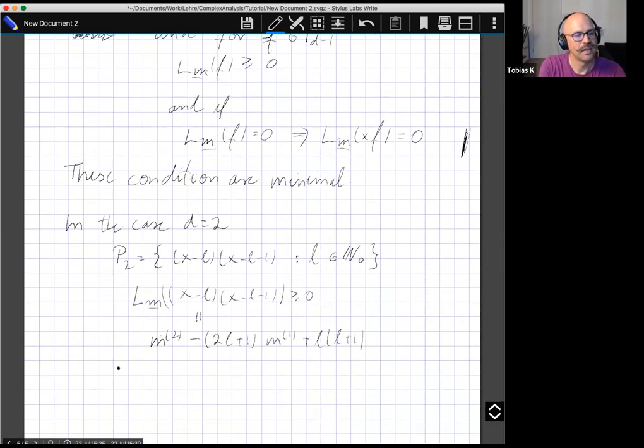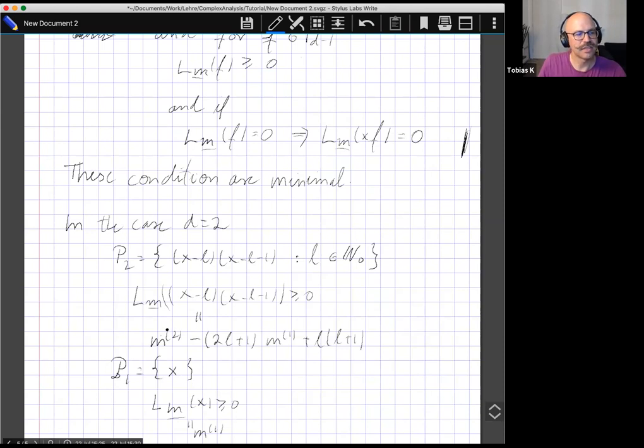And P1 is equal to the set of all x. This is just one polynomial x. So we get the condition that Lm of x is greater or equal to 0, which is just M1.